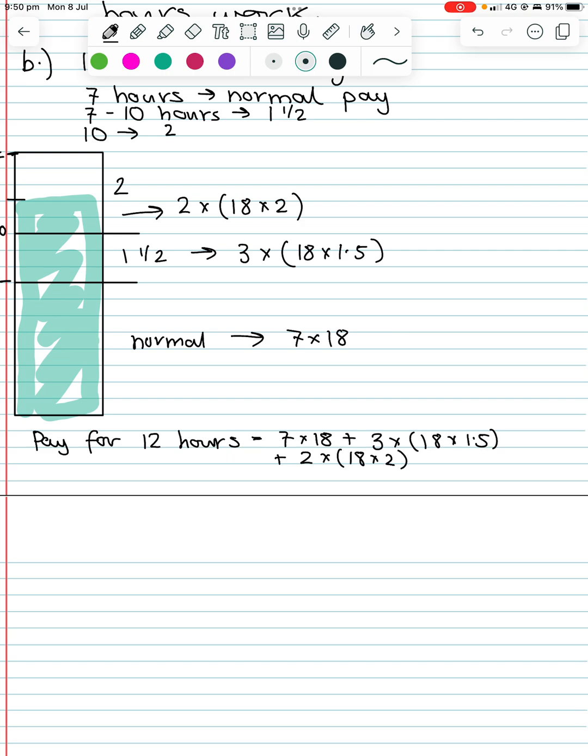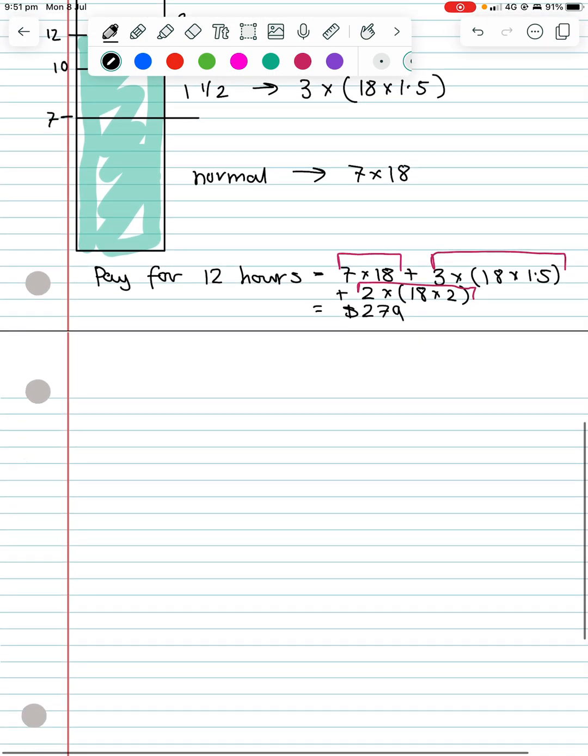Now you do need to remember to use BOMDAS. So what that means is you need to do this section, then you need to do this section, and then you need to do this section. If you just try to do it all in one hit, you're probably going to get the wrong answer. What we're going to end up with is 279 once we do that. I don't have an example underneath.